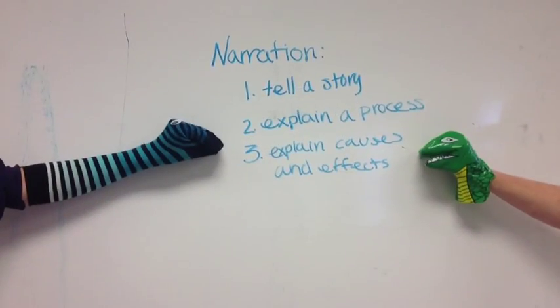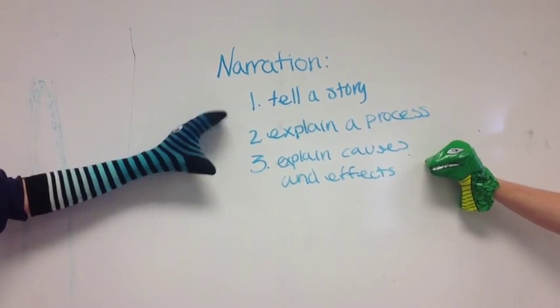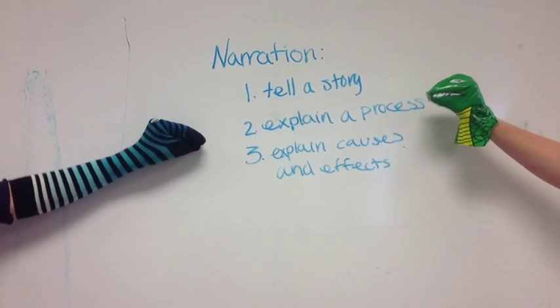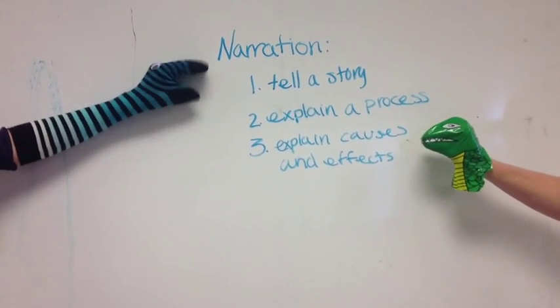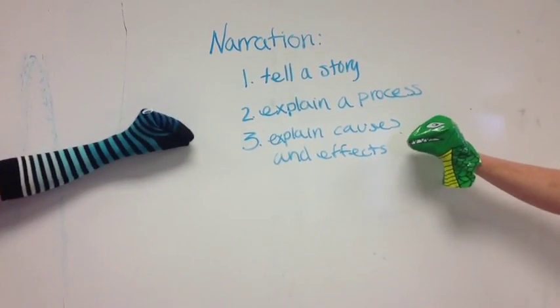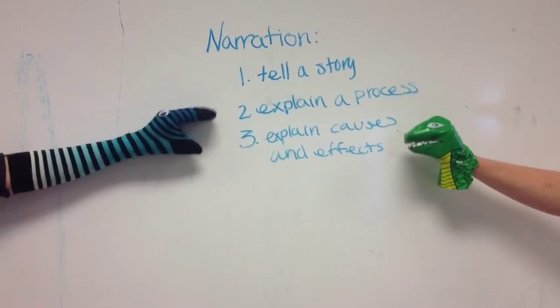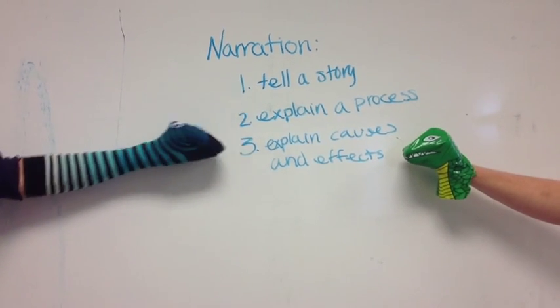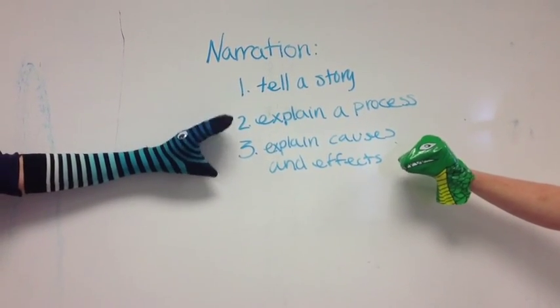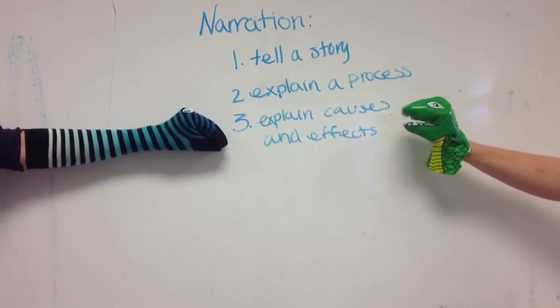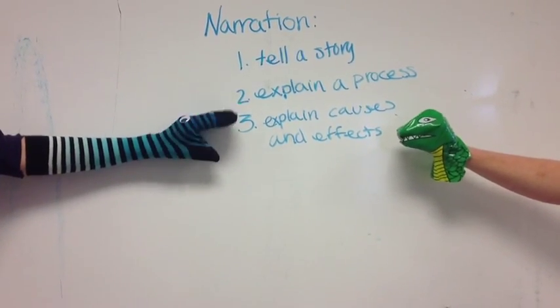Well, what type of paragraph did I use? Well, yes, your paragraph is not an evaluation paragraph, but a narration paragraph. Now, this type of paragraph is used to tell a story, like you did, or explain a process, such as how to make a cup of tea, or to explain causes and effects, such as how an annoying student can affect a teacher. Yes, moving on.